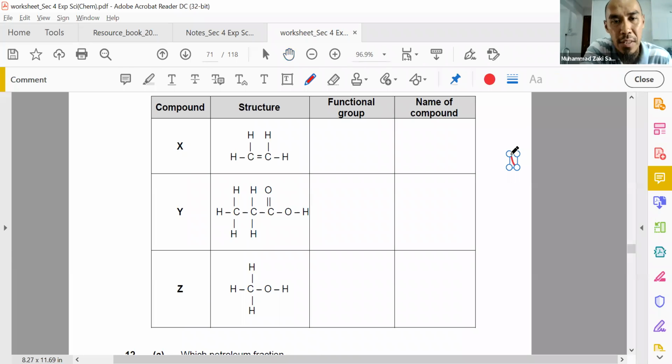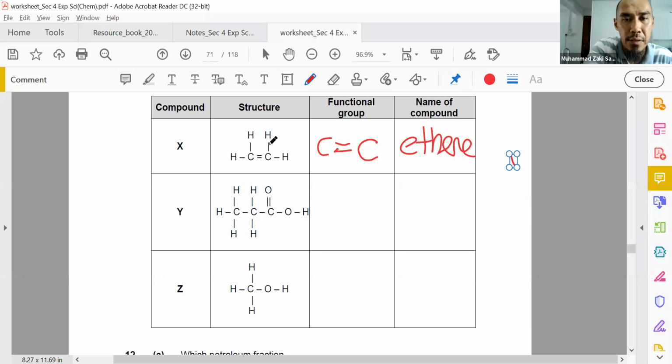So where's the functional group? The functional group is C double bond C. And the name of the compound is actually ethene. Got it? So this is the functional group.